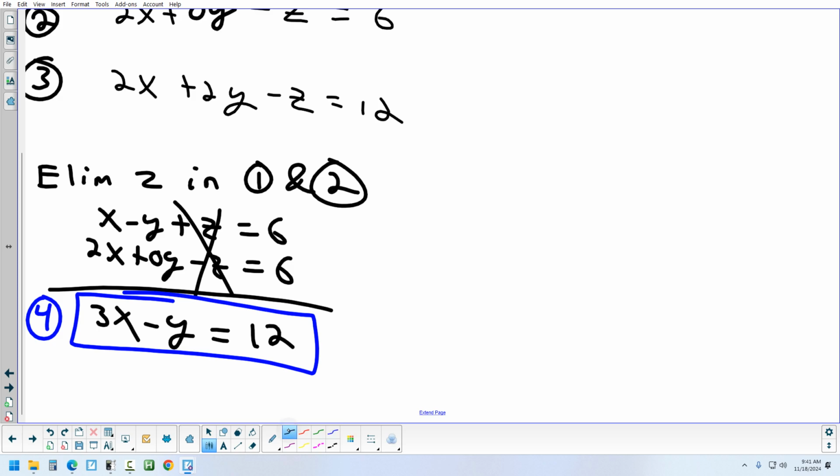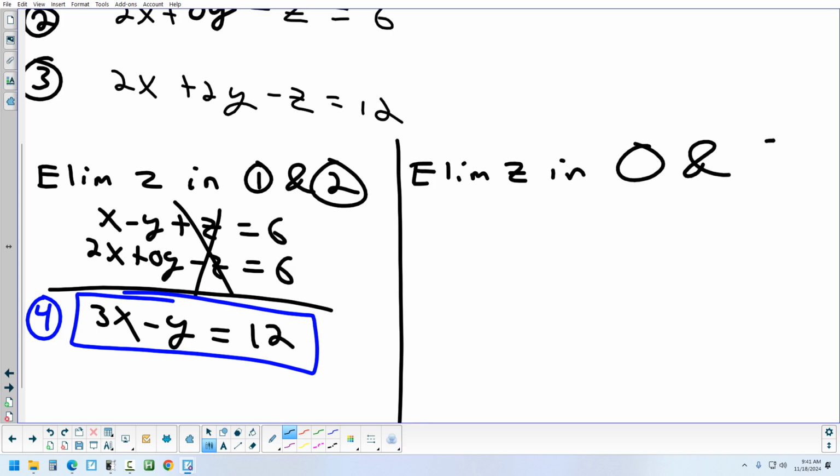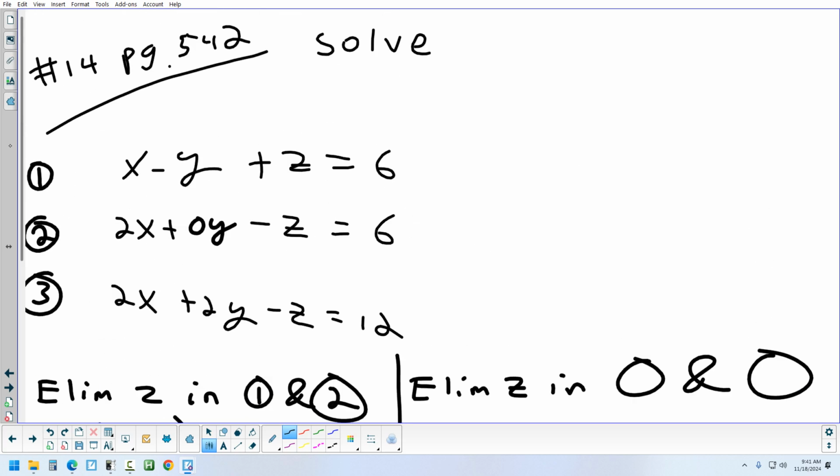Now, since we eliminated z the first time, what are we going to have to eliminate the next time? Right, we've got to do z again. I'm going to do it right next to it. So we have to eliminate z. And we have to pick two other equations. It cannot be 1 and 2. 1 and 3.